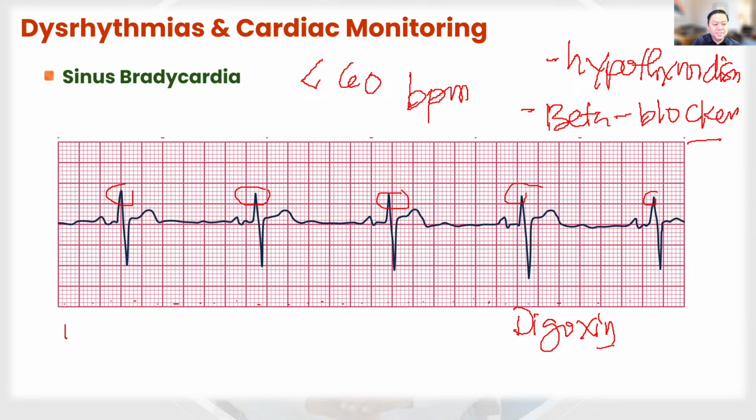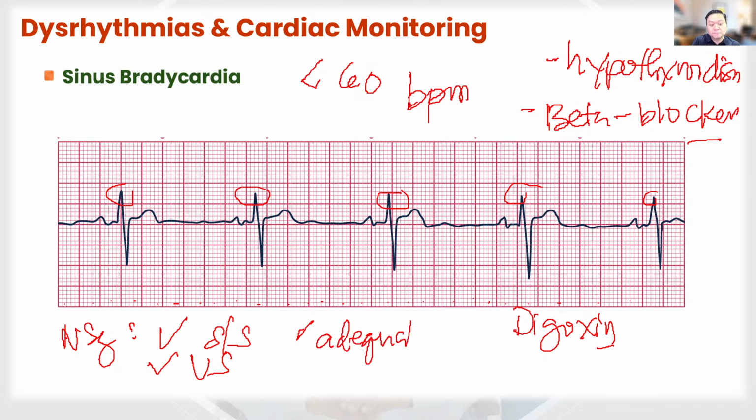So again, our nursing responsibilities: we'll have to check signs and symptoms, check your vital signs, and also check for adequate perfusion. As we know, when there is a low heart rate, it can impair the heart function, right?